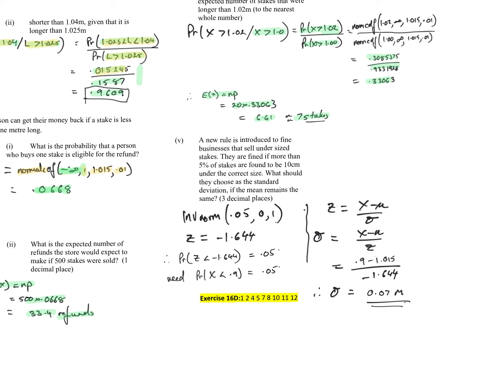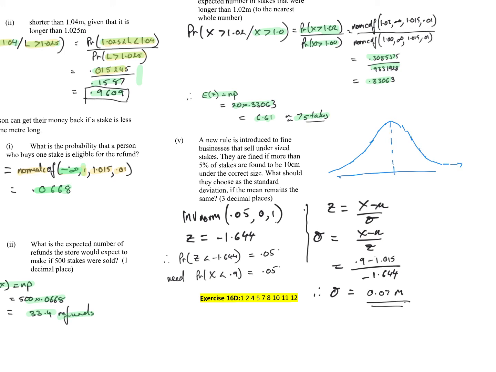Finally, a new rule was introduced to fine businesses that sell undersized stakes. So find if more than 5% of the stakes are found to be 10 centimetres under the correct size. Again, first time through, I didn't do a diagram here. And if you do a diagram, it makes more sense.